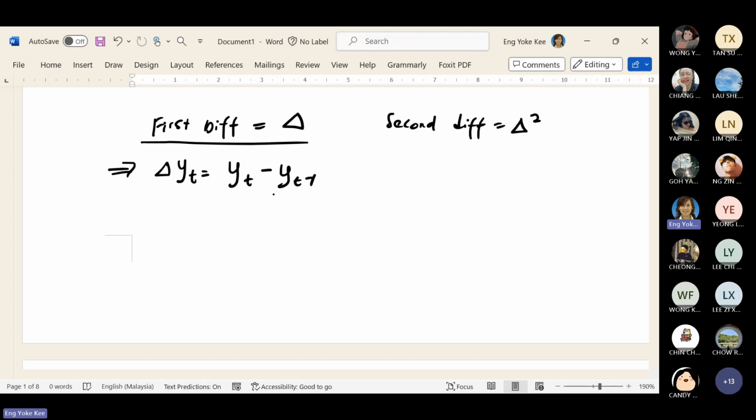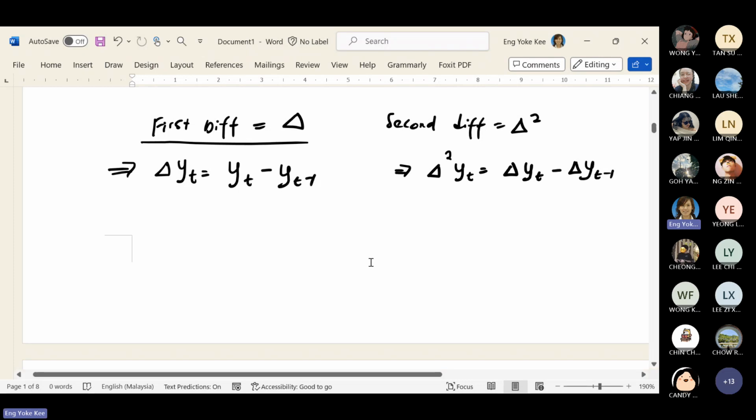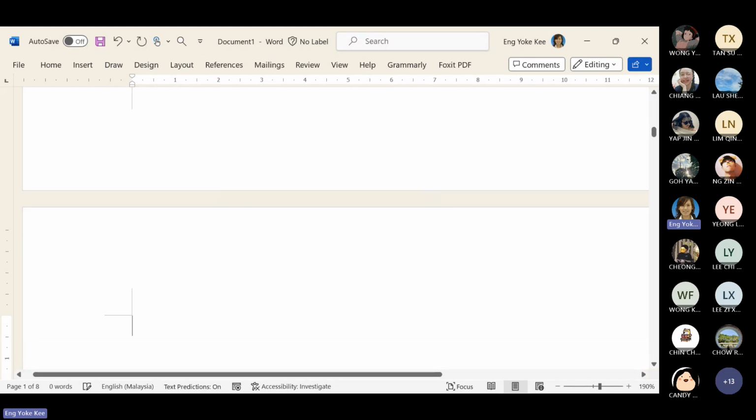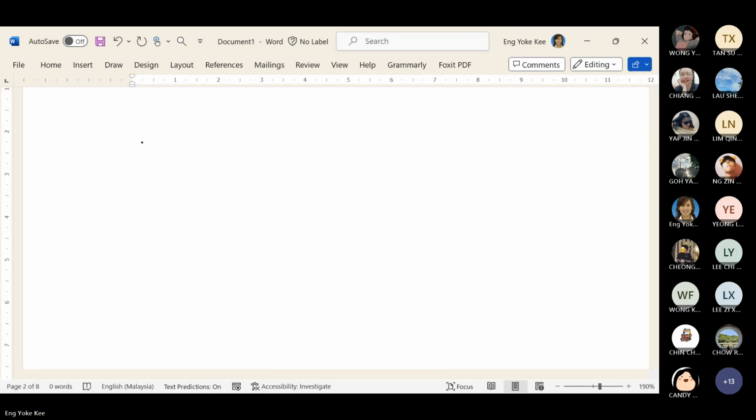Second differencing means the first difference this period minus the first difference last period. This is a very commonly used data transformation in time series analysis. Why is it so popular? Simply because it tells us about changes.